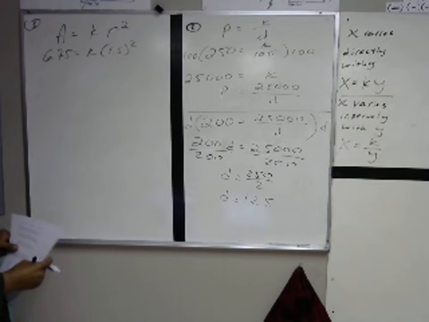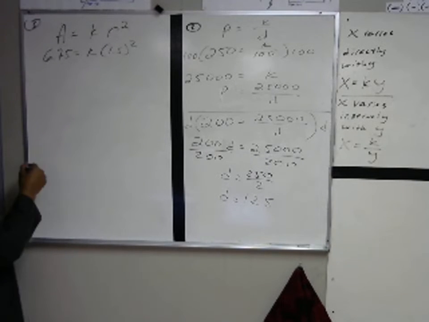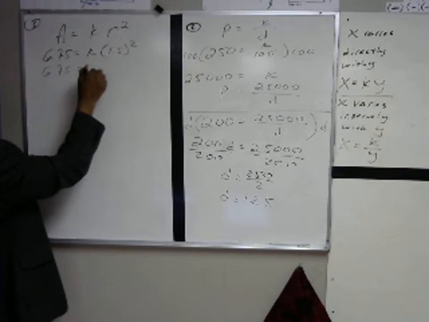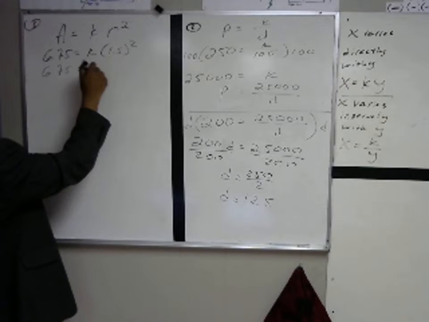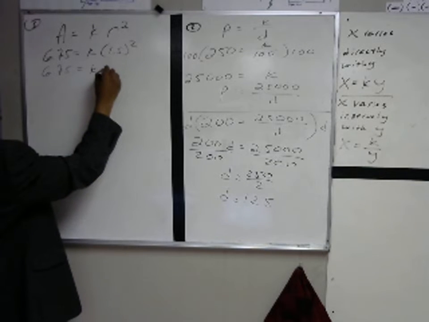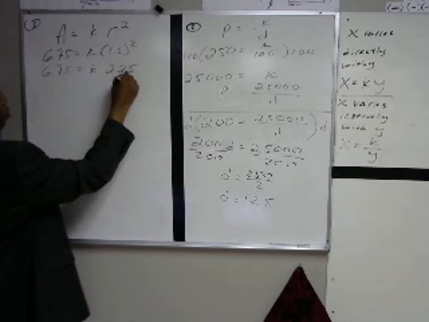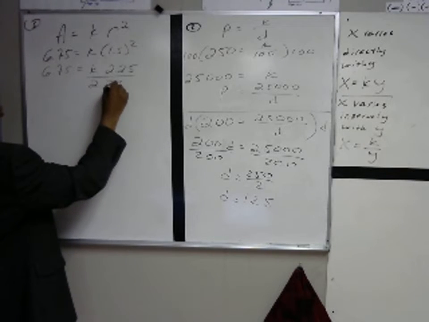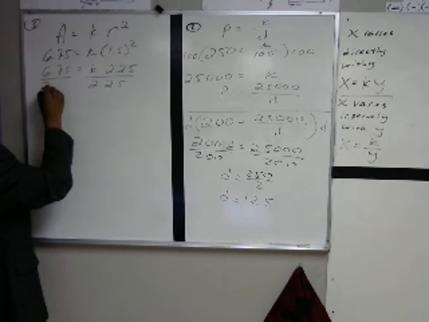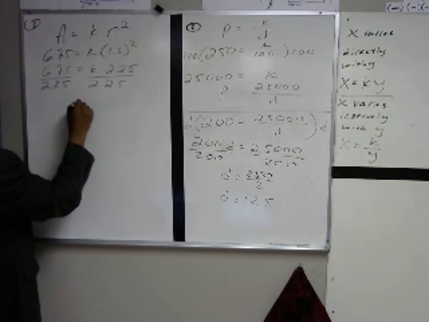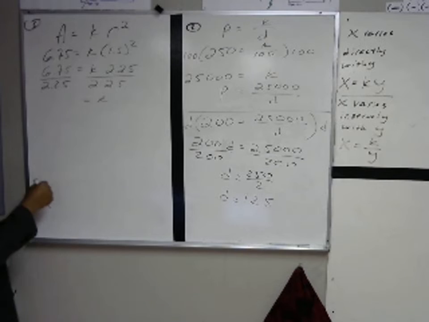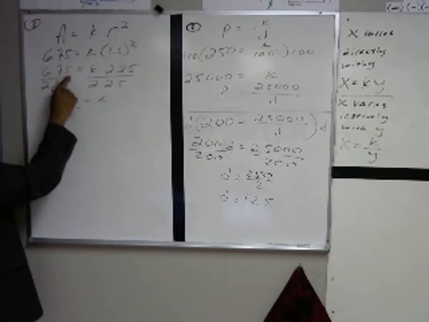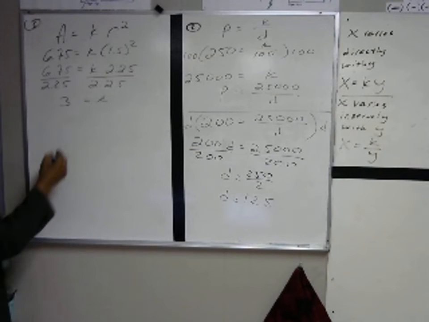Okay, so we're going to find the K here. This is 6.75, and 1.5 times 1.5 will be 2.25. Now divide both sides by 2.25. And I can see that 2 goes into 6 3 times, and 25 goes into 75 3 times. So K is 3.